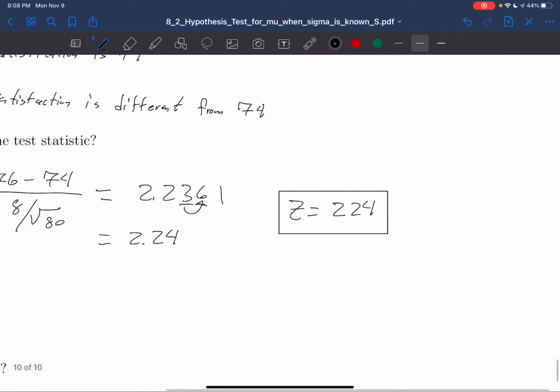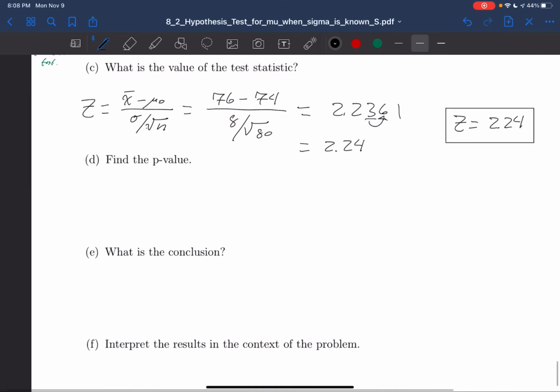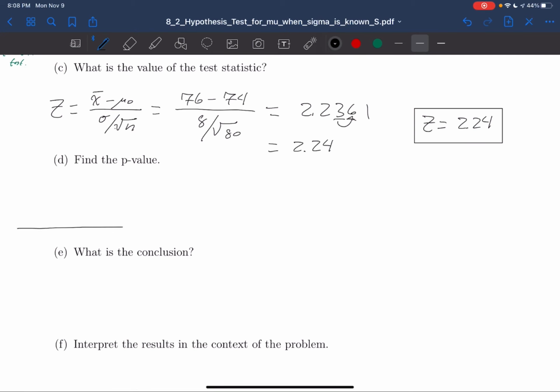There we go. Now we want to find the p-value. Since we're dealing with a two-tail test, this will be z, and this will be the negative of z.